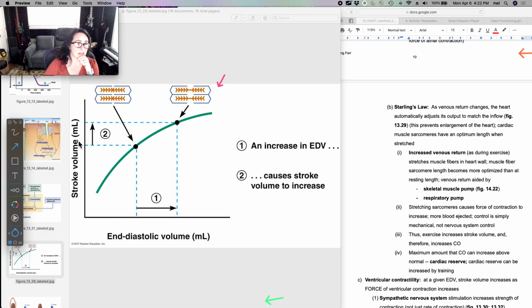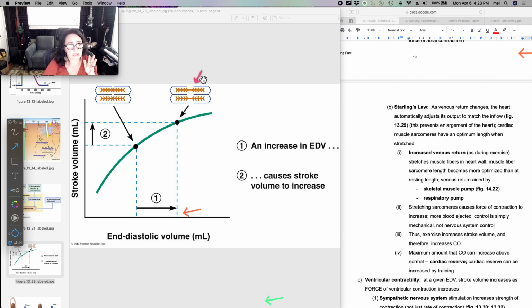So this is basically a cardiac muscle cell when it's not very full. So the EDV isn't very big and the stroke volume isn't very big. But what happens, and this is natural, not nervous system controlled, not paracrine agents, not anything, is that as you get more blood into the atria and therefore into the ventricles, you get your cardiac muscle cells, the sarcomeres, to an optimum length so that they have more access to cross-bridge cycling.